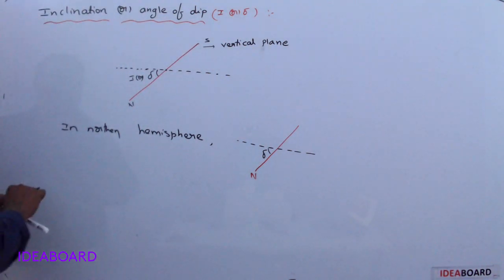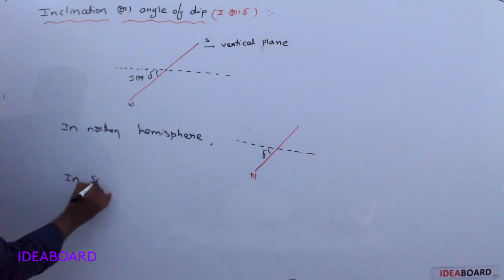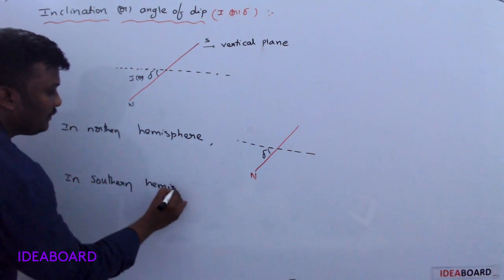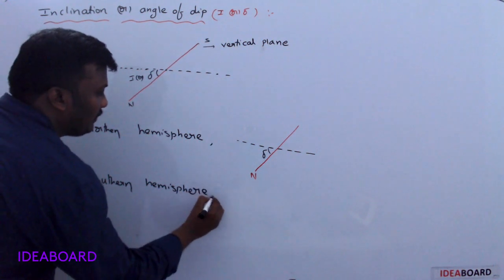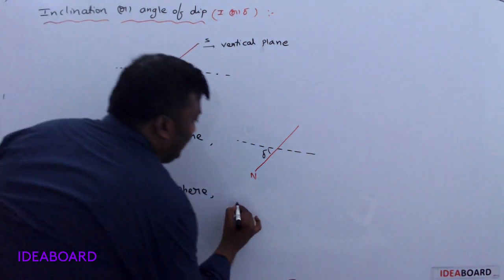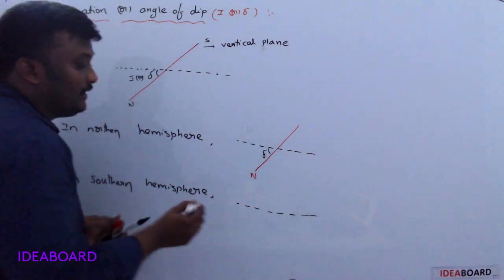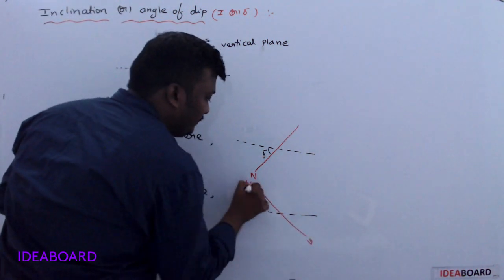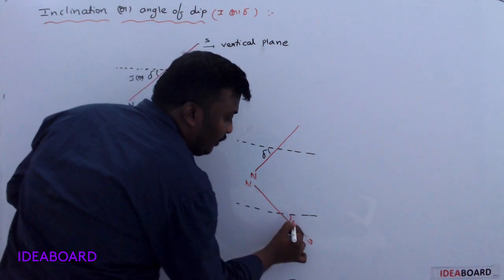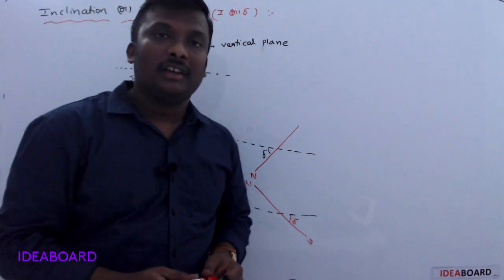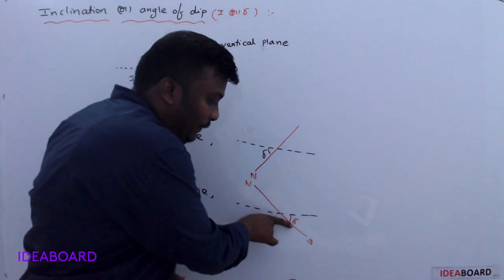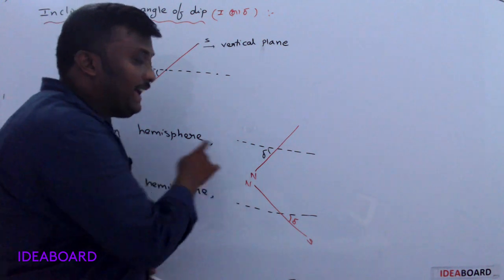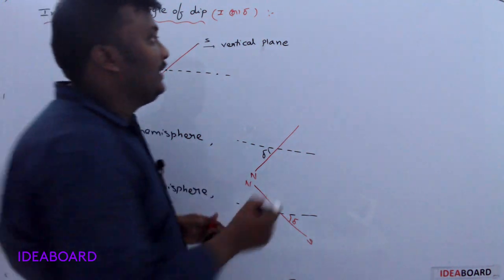If you take this compass needle to the southern hemisphere, then with respect to the horizontal direction, the south end dips down. So here it is the angle made by the south end, and there it is the angle made by the north end.